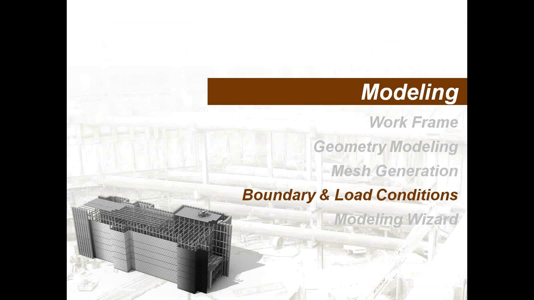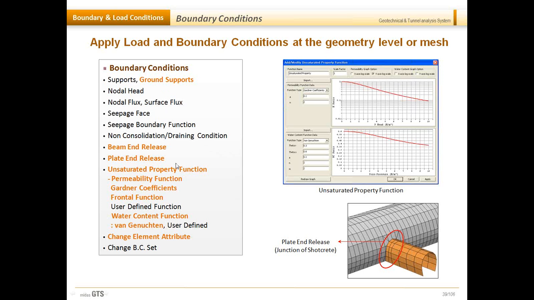Now let's talk about the boundary and the load conditions. So you have all these kinds of load conditions that can be applied in GTS: ground support, the beam end release, the plates. You can even change the element attribute, which is a very useful function during construction stage analysis.